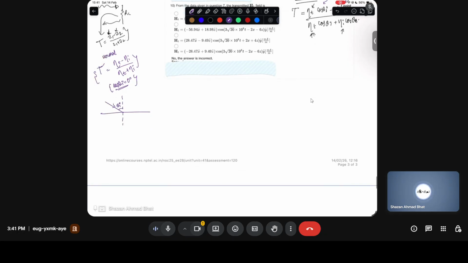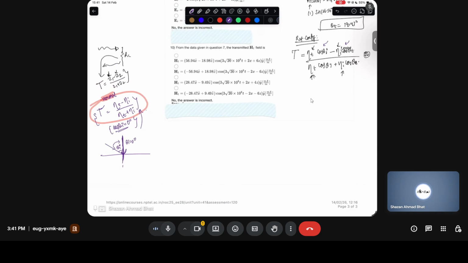If the theta incidence becomes 0, that means the wave comes like this, and theta incidence will become 0 degrees because it's falling in the same plane as the normal of this. Then this equation becomes valid, and most of the time you might have seen these equations because they consider normal incidence.